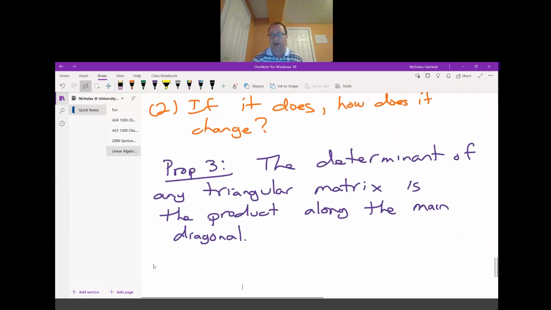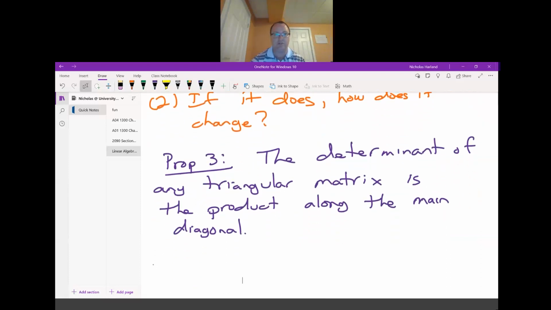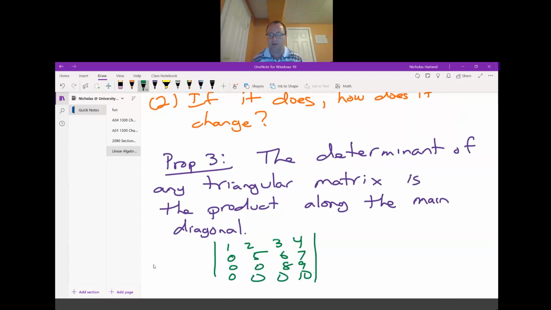So if we think of why that one might be true, let's say we had the matrix 1, 2, 3, 4, 5, 6, 7, 8, 9, 10, with zeros below the diagonal. You could expand along the first column. That would equal 1 times the determinant of 5, 6, 7, 0, 8, 9, 0, 0, 10.